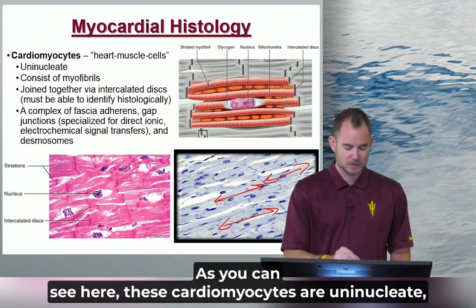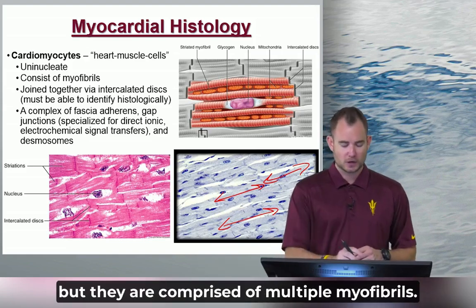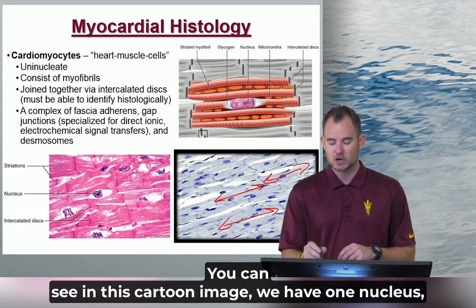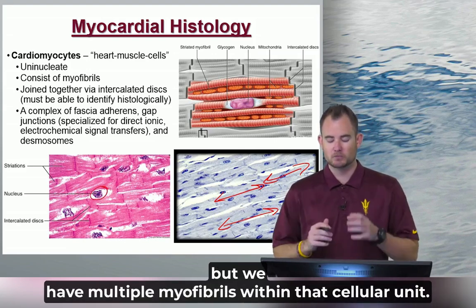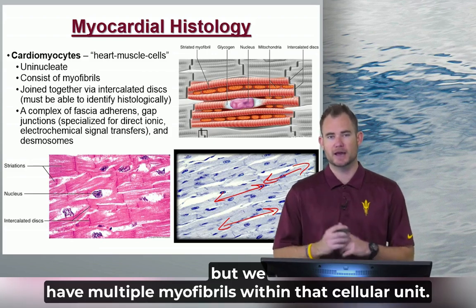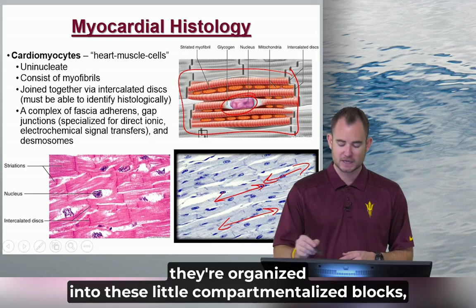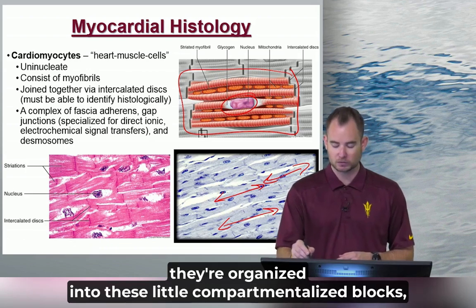These cardiomyocytes are uninucleate, but they are comprised of multiple myofibrils. So you can see in this cartoon image, we have one nucleus, but we have multiple myofibrils within that cellular unit. And basically, the way these cells are organized, they're organized into these little compartmentalized blocks.